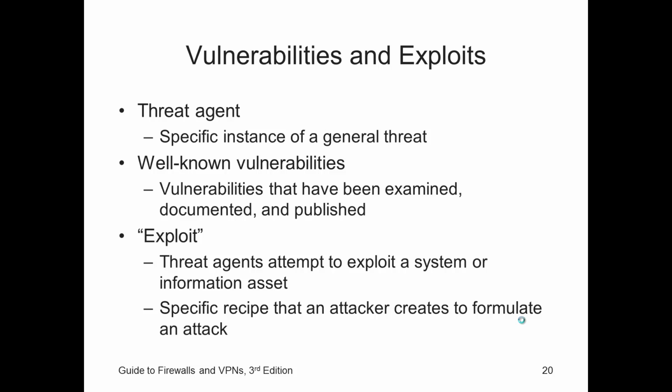So a threat agent is a specific instance of a generalized threat to a system. Vulnerabilities. Now, we're seeing a lot of discussion about vulnerabilities and the so-called 0 days or O-day vulnerabilities, right? When we talk about a vulnerability in this context, we're talking about a weakness or a soft point in some type of system or control or process that can be taken advantage of using an exploit.